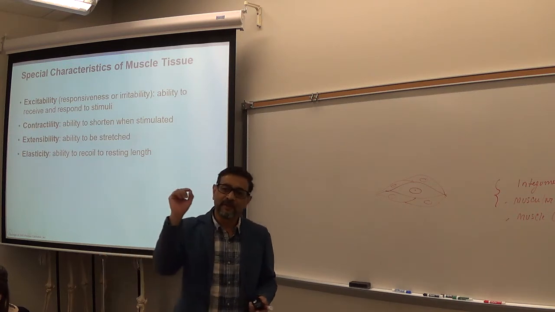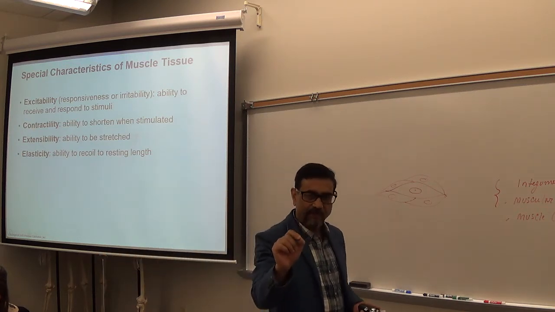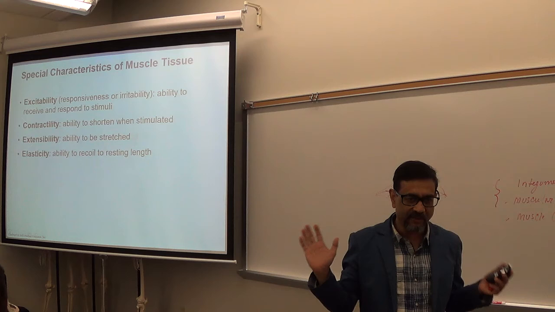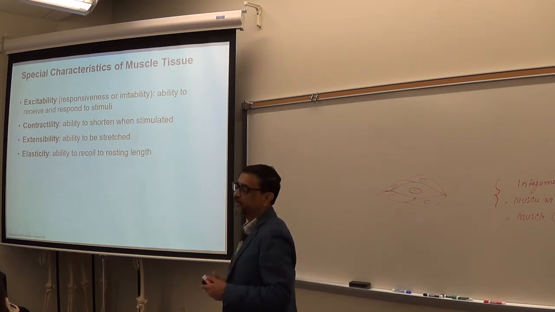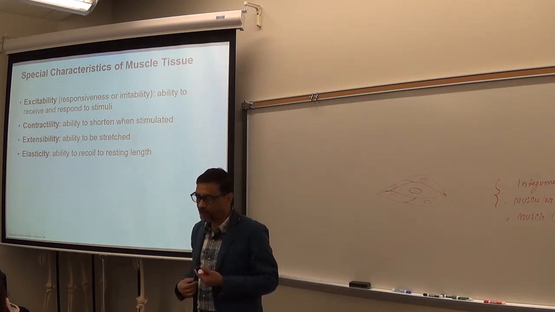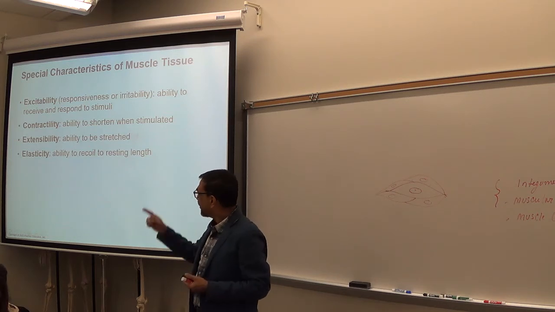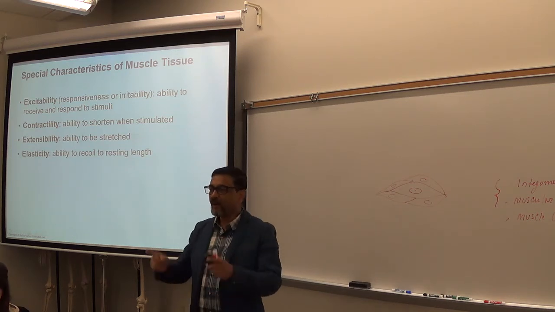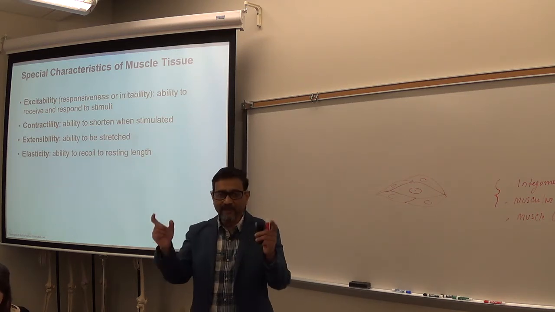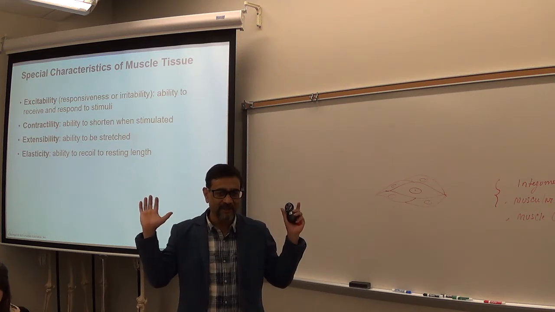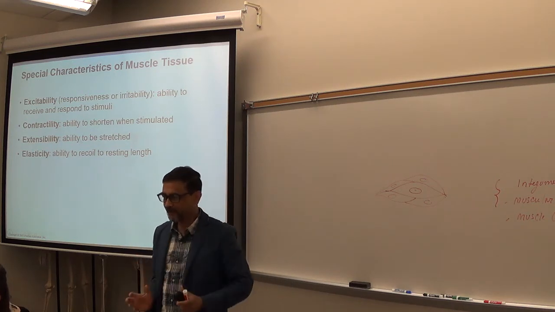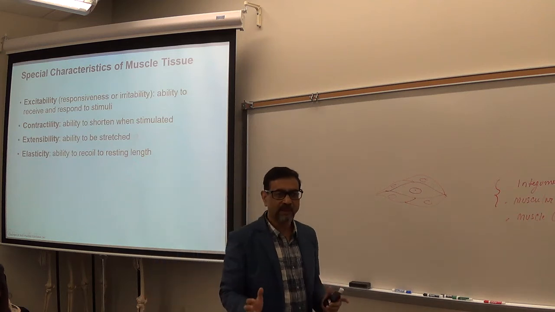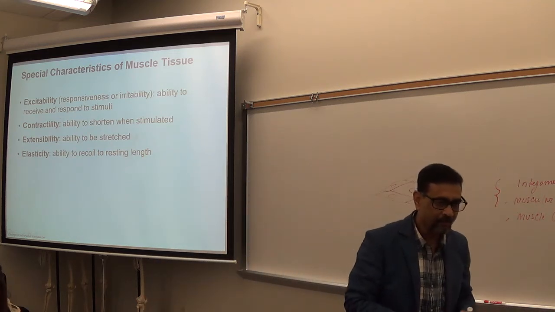So, if you stimulate, the muscle will respond to the stimulus. Make sense? That ability is called excitability, the ability to respond to a stimulus. Now, contractility. How does the muscle respond? By contraction, right? By showing contraction, shortening. Is it clear? Shortening is contraction.